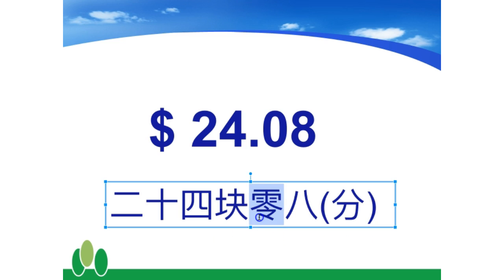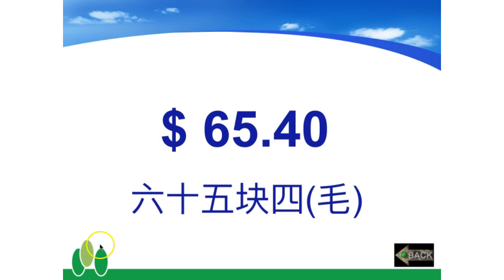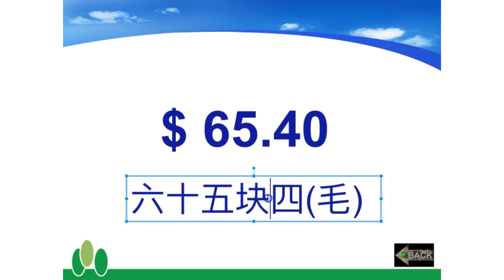Again, we see this 零 here as a placeholder between 24 and 8 cents. The 零 here expresses the fact that there is no dime measure word unit. 65块4 or 65块4毛. Again, there's no zero here, which means we know this is implied to be 40 cents, 4 dimes. $65.04.